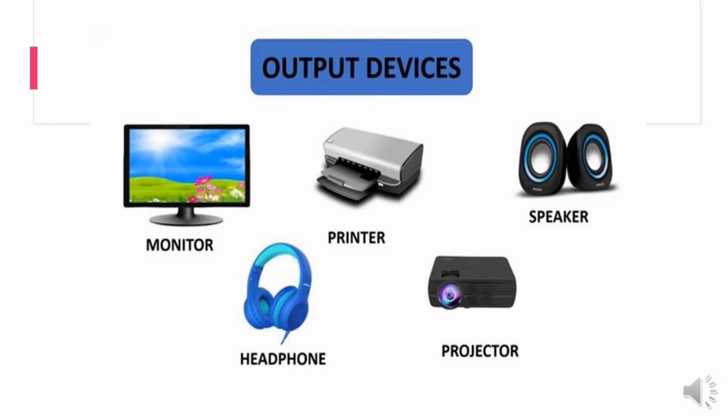That is, the input device sends the data to the computer system, while the output device receives the data from the computer. So, for example, using a microphone to record a podcast is an example of using an input device.